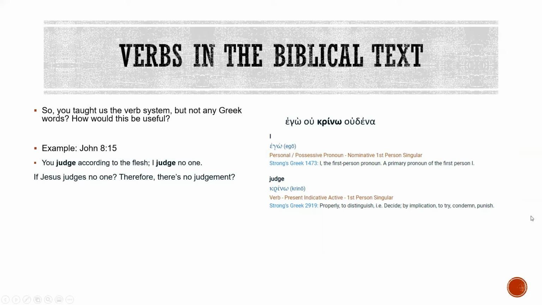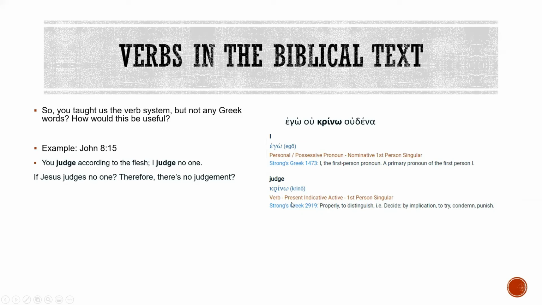The definition is very useful, but the issue we want here is the inflection, which is highlighted or colored by this brown text.